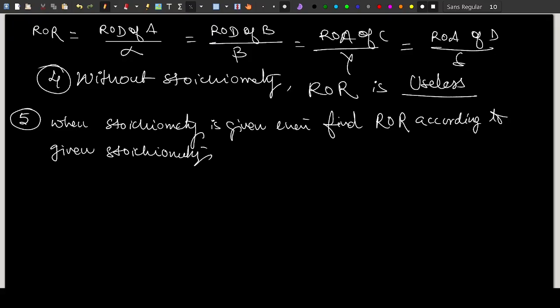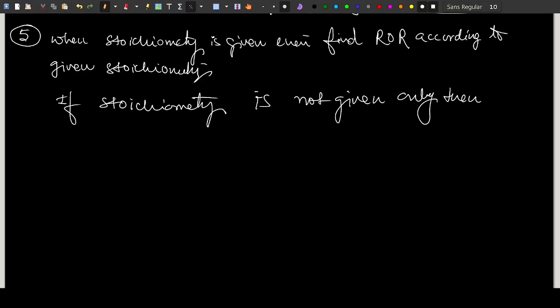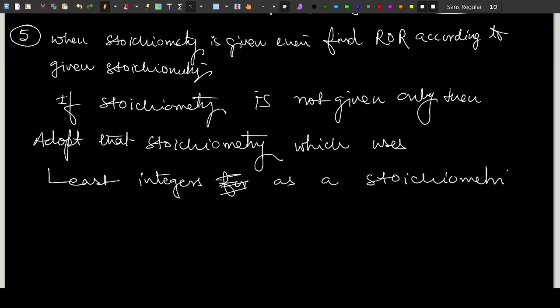But friends, if stoichiometry is not given, only then adopt that stoichiometry which uses least integers as stoichiometric coefficients.